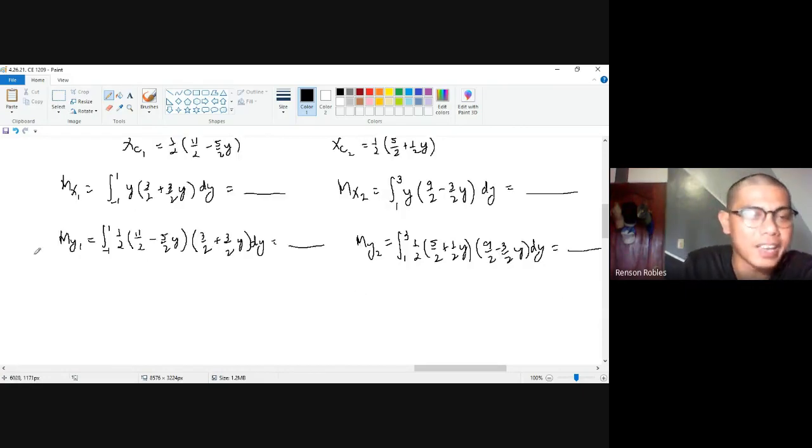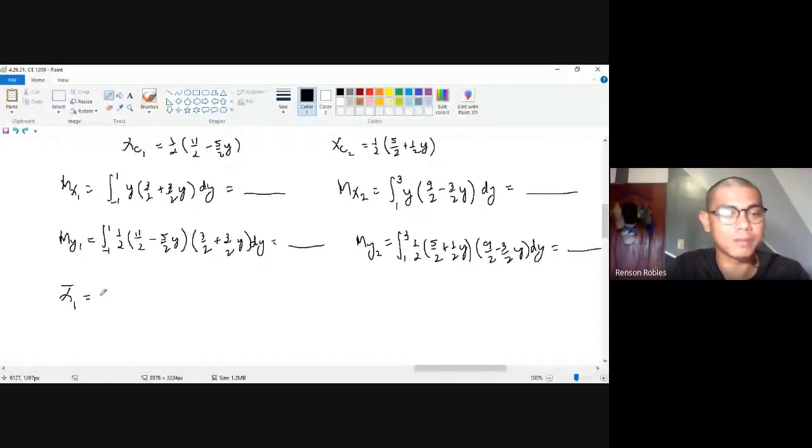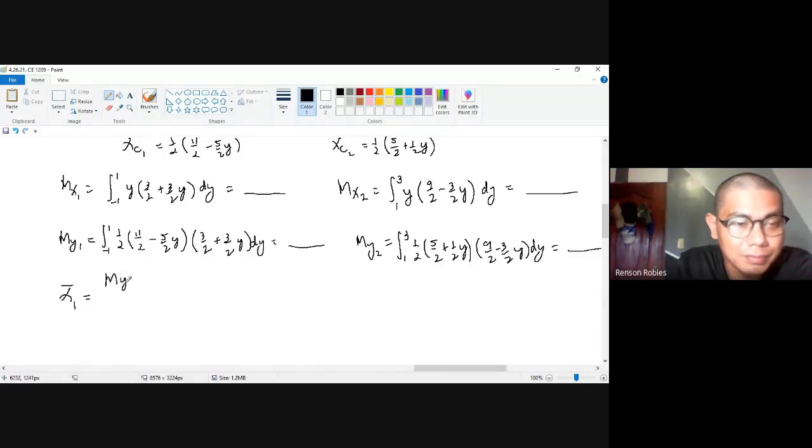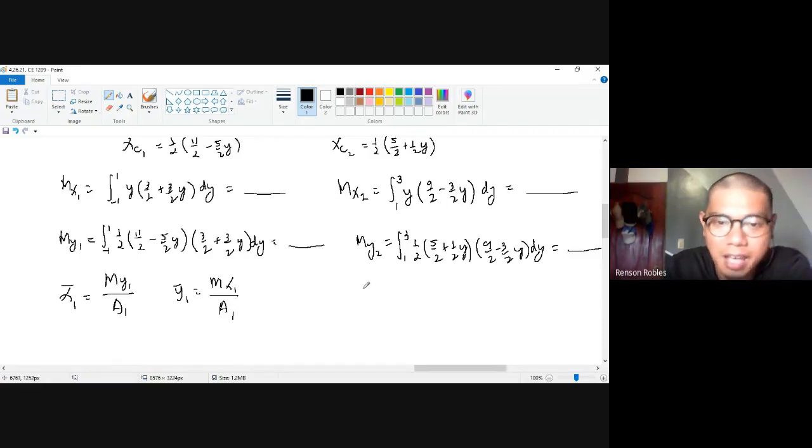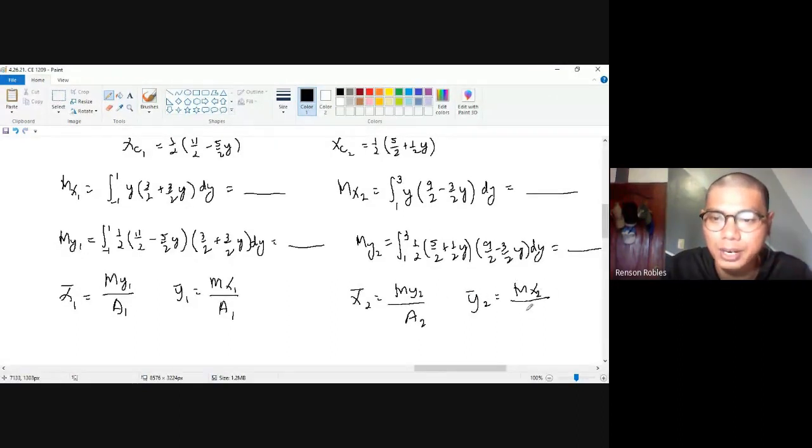And then you can now have bar x1 equals moment in y1 over a1. Tama? And then bar y1 equals moment in x1 over a1. And then we have bar x2 equals moment in y2 over a2, and bar y2 equals moment in x2 over a2.